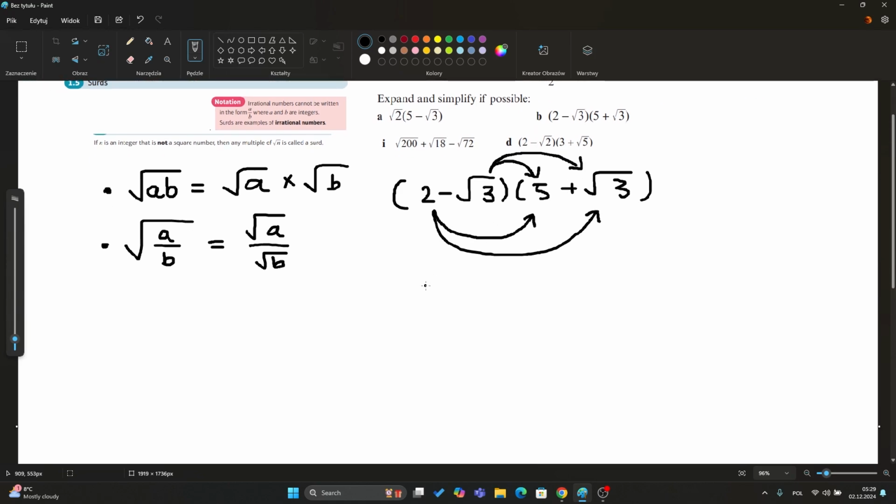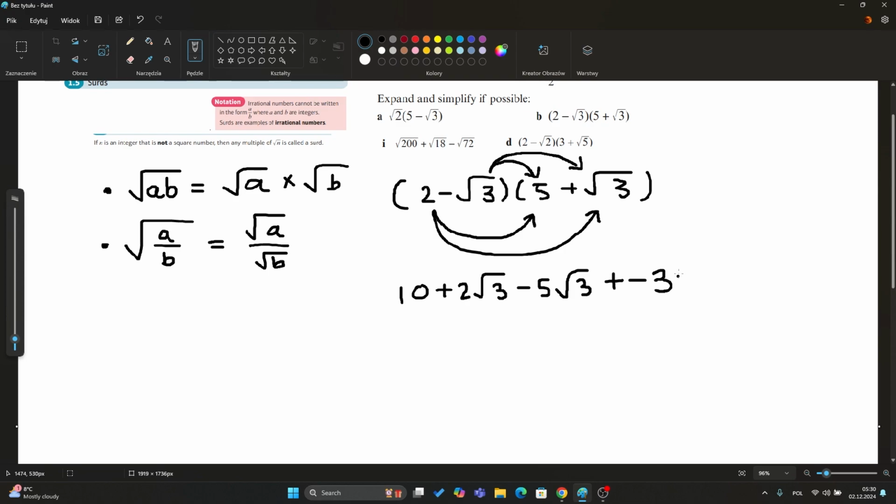Now, what happens here is that 2 times 5 is 10, 2 times root 3 is 2 root 3, minus root 3 times 5 is minus 5 root 3, and minus root 3 times root 3 is going to be the same as root 3 times 3, which is root 9, and root 9 is 3. So plus minus 3.